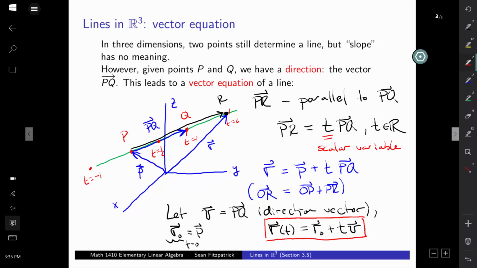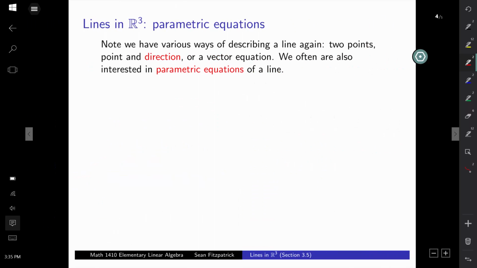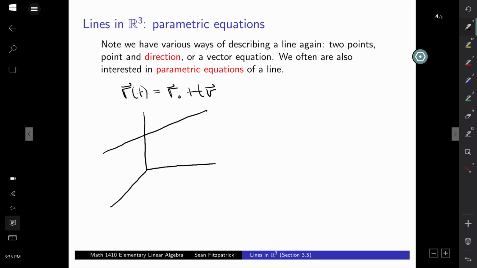All right. Now let's actually take that vector equation and break it down. What do these things look like? So we started with R of T equals R naught plus T times V, for our line going in space like this, where R naught refers to some initial point on the line.